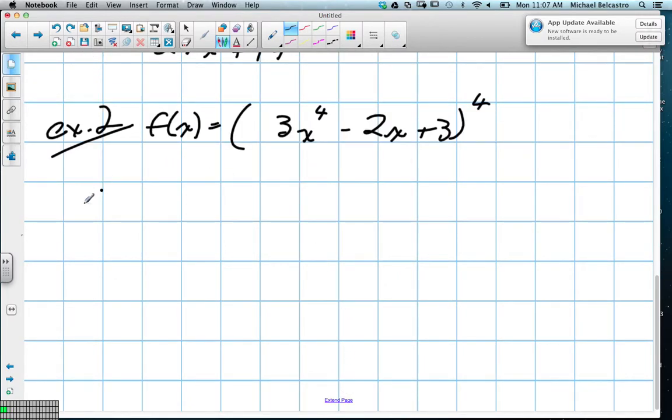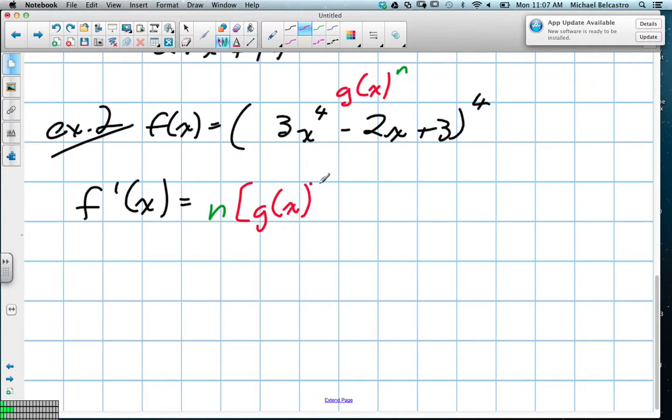So when we go to derive this, we have f prime x is equal to, and remember, the way we go about doing this, assuming this is our g at x, and it was to the power of n, when we go to derive it, we have n in front of our g at x, g at x being the exact same as it was before, and subtract 1 from the exponent, all multiplied by the derivative of g at x. Okay.